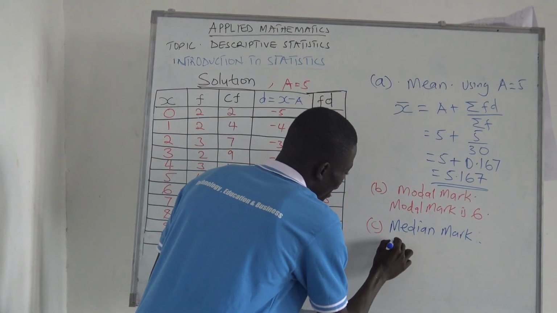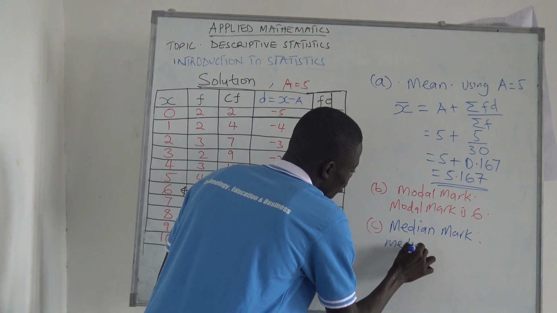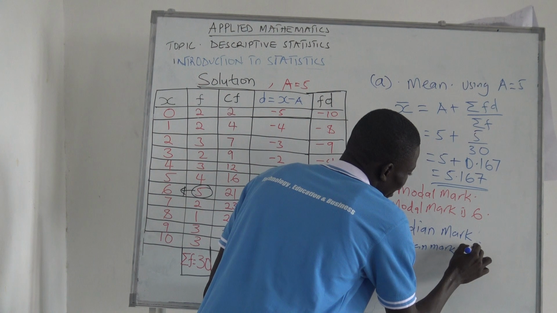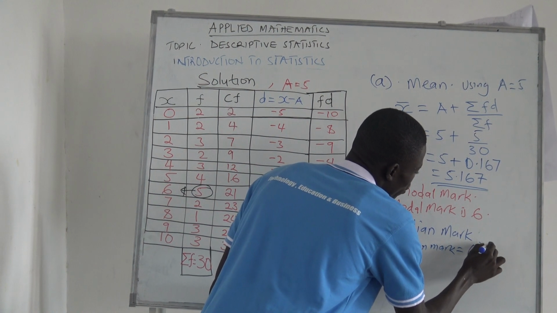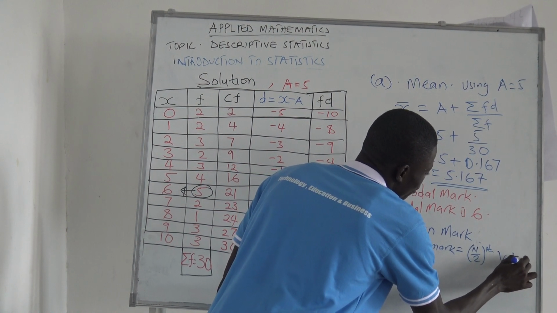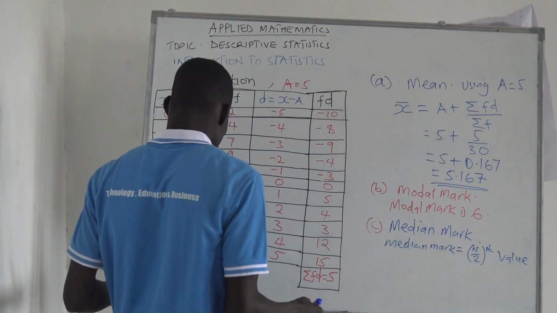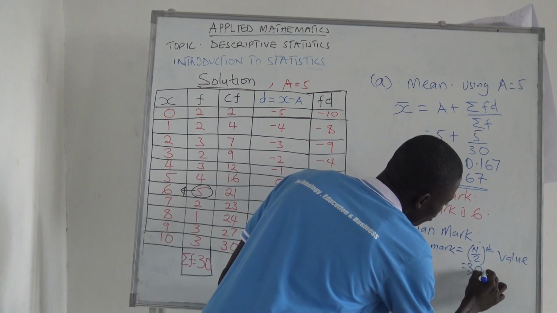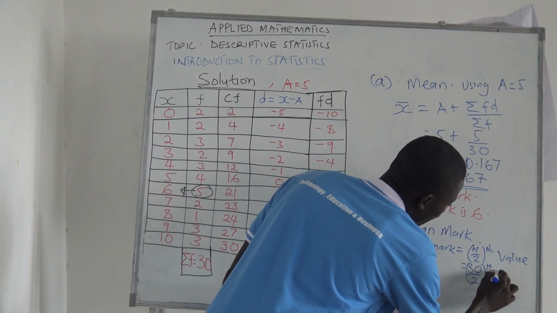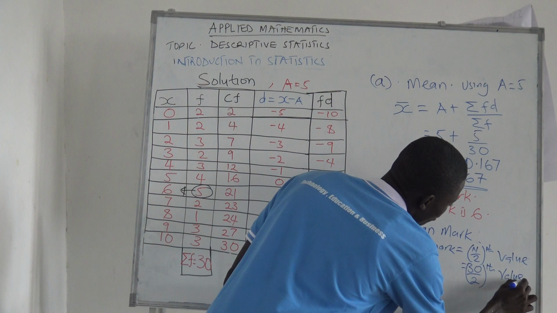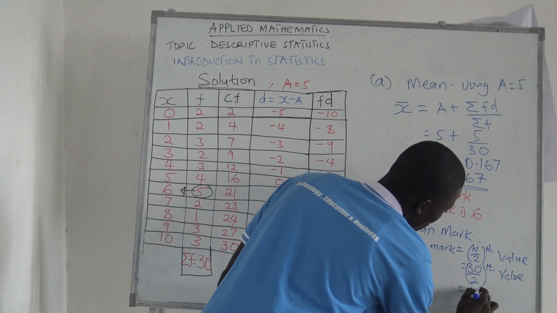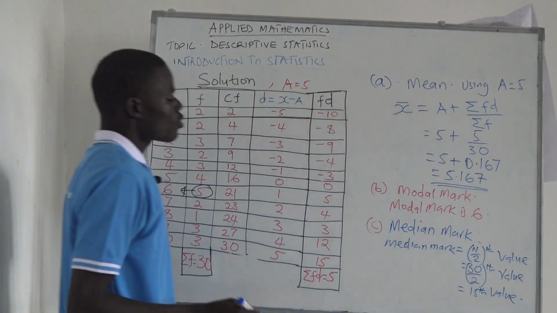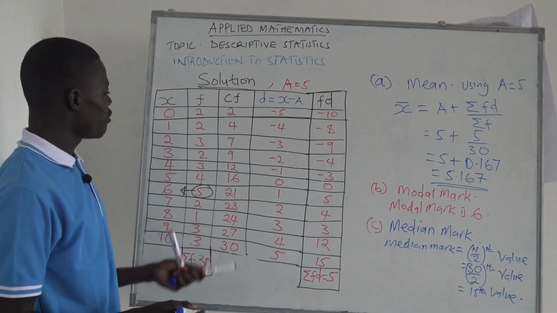We say that median mark is given by the n out of 2 value, where n is divided by 2. So this one is the same as the 15th value. So for the median mark, we are going to get the 15th value.